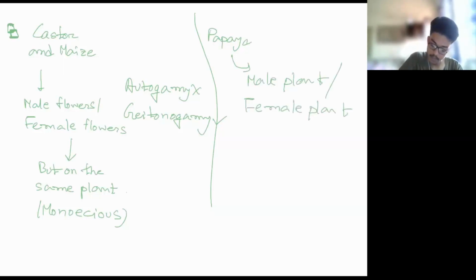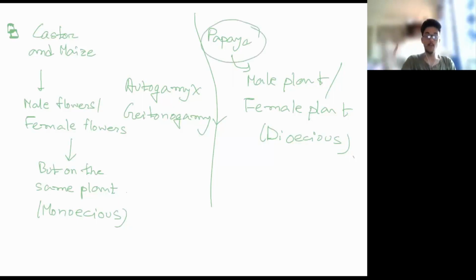So this is essentially the dioecious condition. So a papaya plant is either male plant or female plant. So there is no chance of either autogamy or geitonogamy. So the only option is xenogamy. Okay. So the case of papaya is easy: if you only want xenogamy to happen, you have to produce dioecious plants. So either the plant is going to be male or it's going to be female.